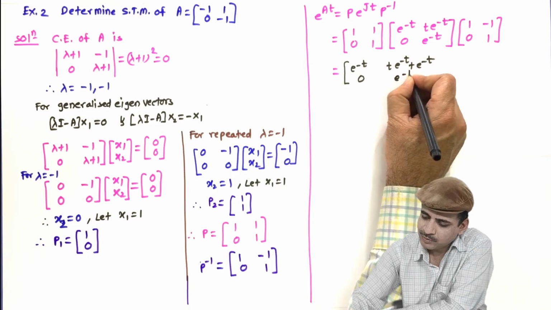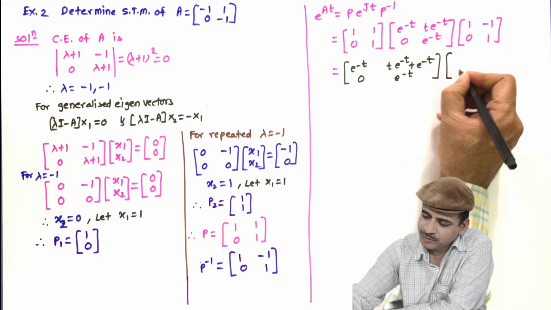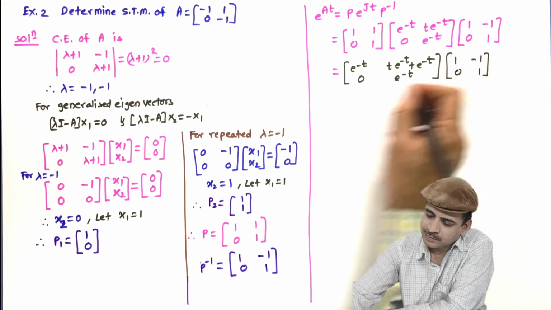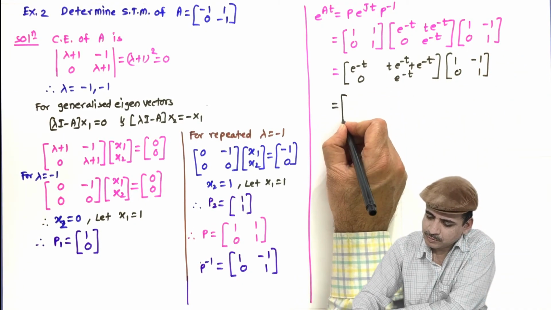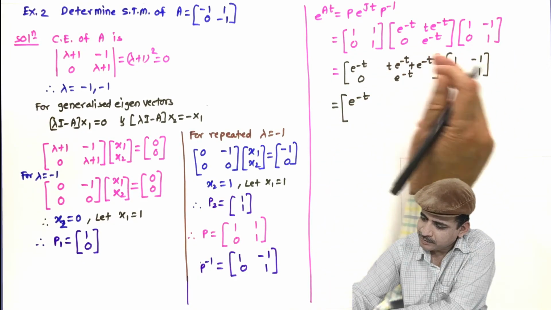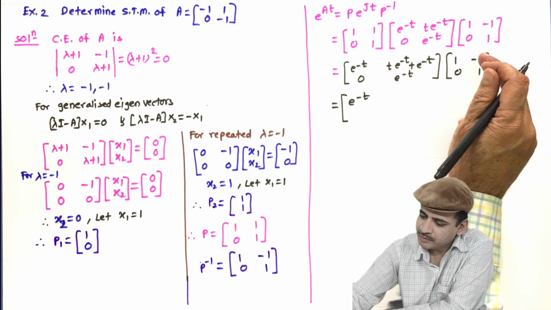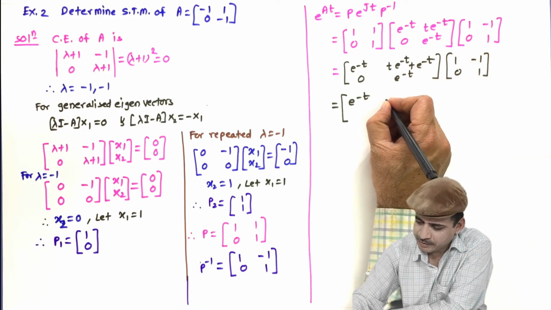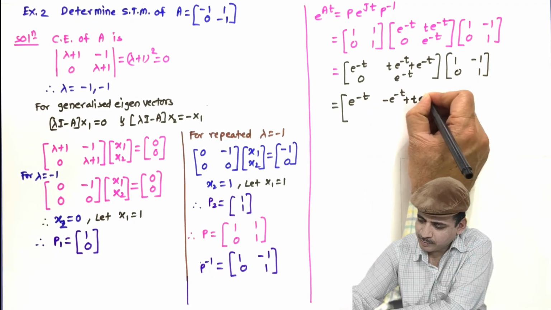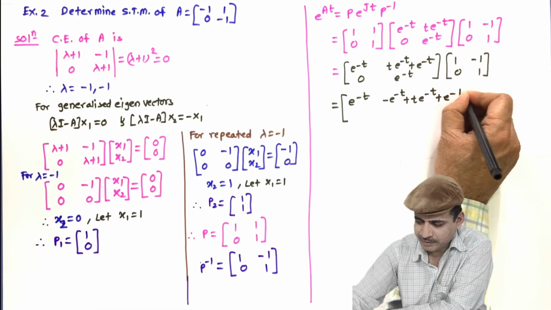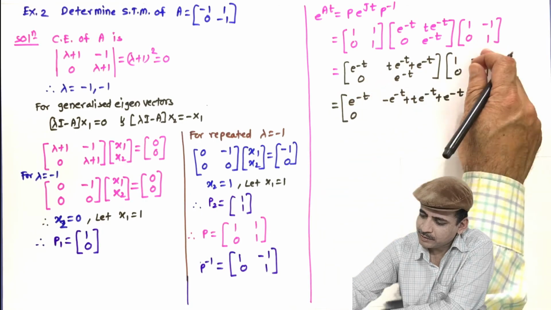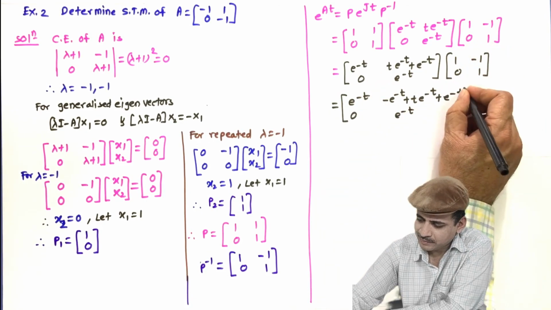This is e raised to minus t, and this will be multiplied with [1, -1; 0, 1], and this is equal to e raised to minus t plus 0 is e raised to minus t. This will be minus e raised to minus t plus t e raised to minus t plus e raised to minus t. This will be 0 plus 0 as 0, and the last one e raised to minus t.